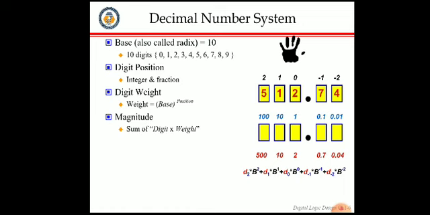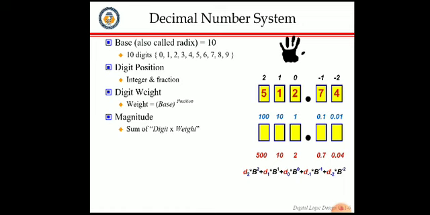The value of the 7 here, according to its position -1, is 0.1 into 7, that means 0.7. Similarly, the value of digit 4 is 4 into 0.01, that means 0.04.